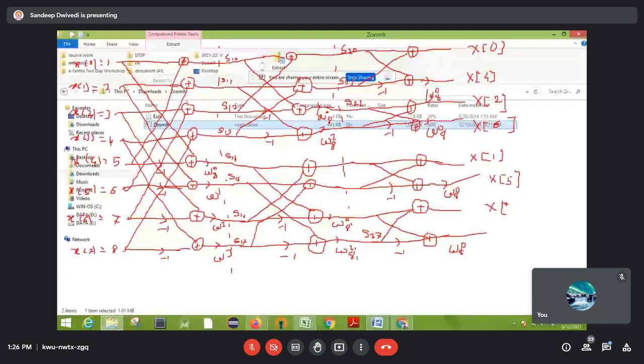Okay, is there any doubt in this diagram? No, sir. Any doubt? Same thing is there, just minor changes. If you have a doubt you can ask me. Okay, so if you want, you can do the calculation of this.